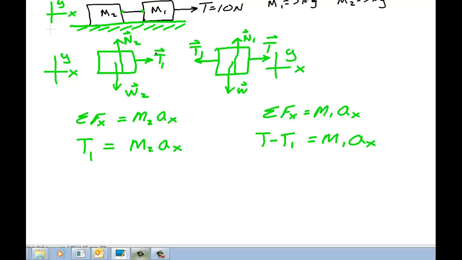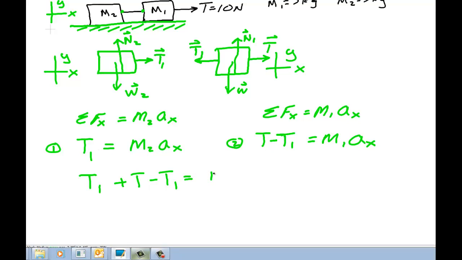If the force M1 applies on M2 is T1, then the force applied by M2 on M1 is the same magnitude, T1, but in the opposite direction, so it'll have a minus sign. If we add equation 1 and equation 2 together, we get T1 plus T minus T1, where I've added the left-hand side of both equations.